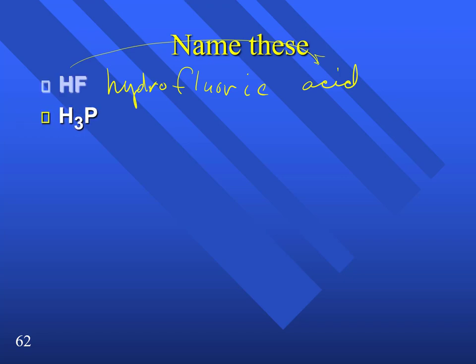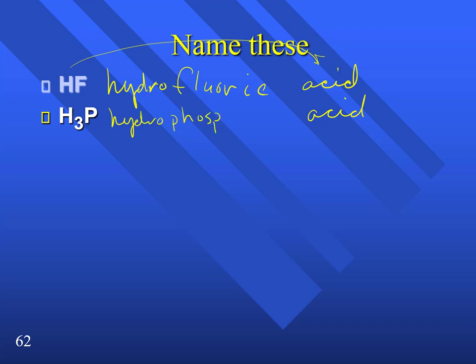H3P. Okay, H3P starts with H. I can say the second word is acid before I write anything else. That tells me about the H. The P is phosphide. Okay, and there's no oxygen, so I'm going to put hydro. And you'd write phos.